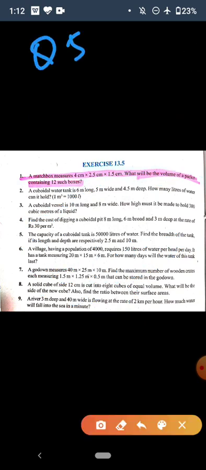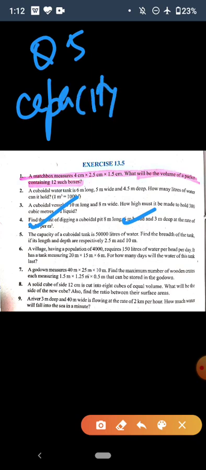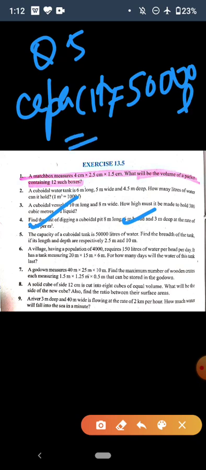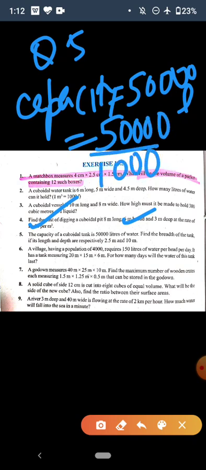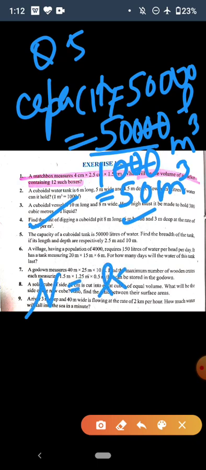Then question number 5, the capacity is given. Here the capacity is in liter, that is 50,000 liter, and we have to find the breadth of the tank. So you can convert it into meter cube by dividing by 1000. It will convert into volume. 3 zeros are cancelled, so it is 50 meter cube. Now you have the formula for volume, L into B into H, and the volume is 50.